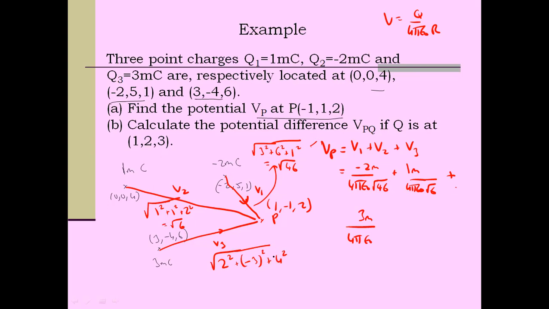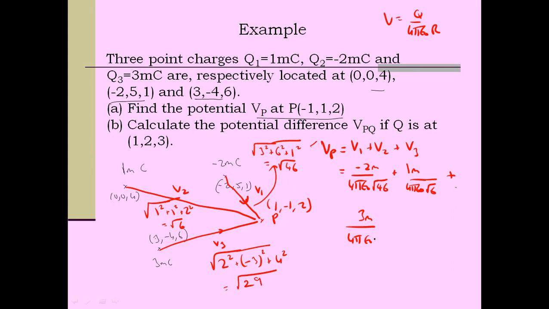How do we obtain this? Simply by subtracting the coordinates. 3 minus 1 is 2, negative 4 minus negative 1 is negative 3, and 6 minus 2 is 4. So we have the square root of 4 plus 9, which is 13, plus 16, which is 29.